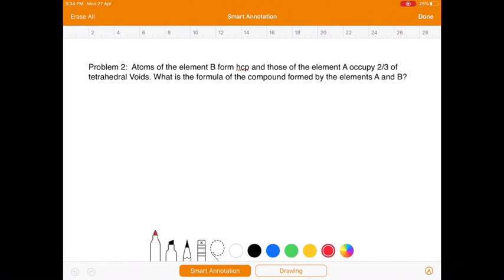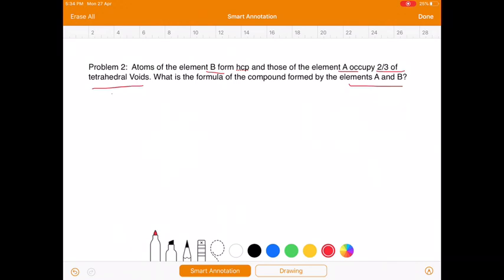Atoms of the element B form HCP, that is the hexagonal close packing, and those of the element A occupy 2/3 of tetrahedral voids. What is the formula of the compound formed by the elements A and B? So the element B forms HCP.